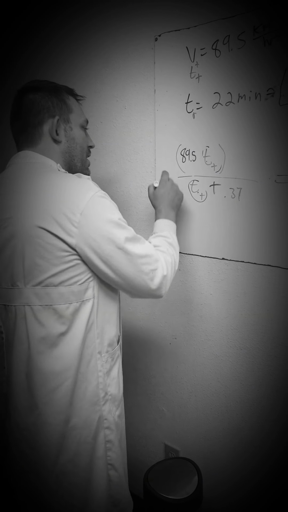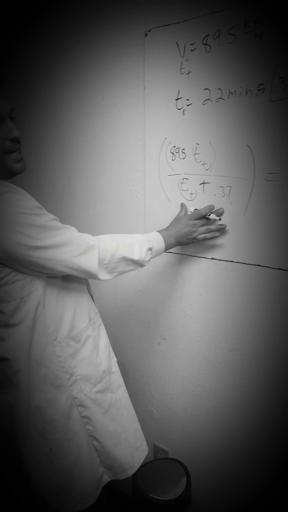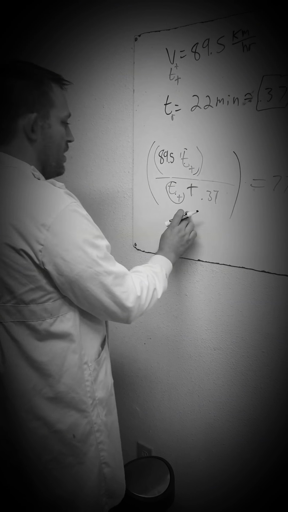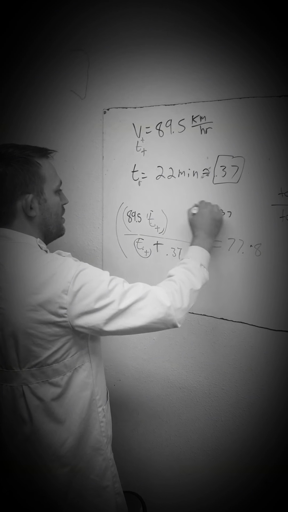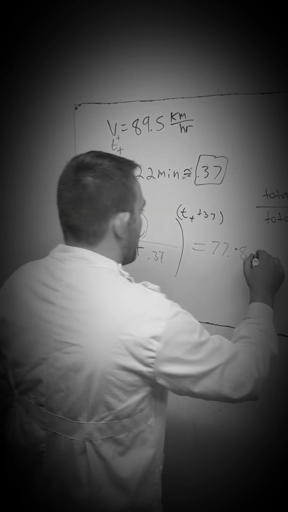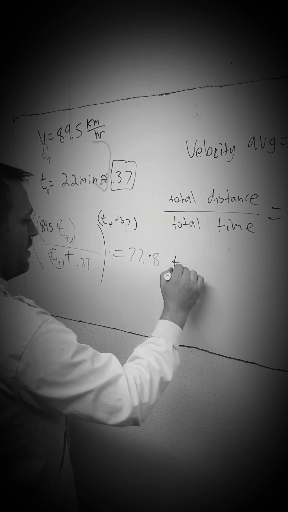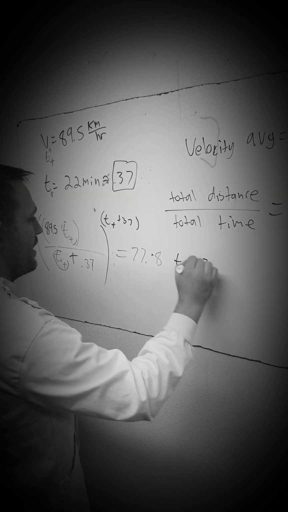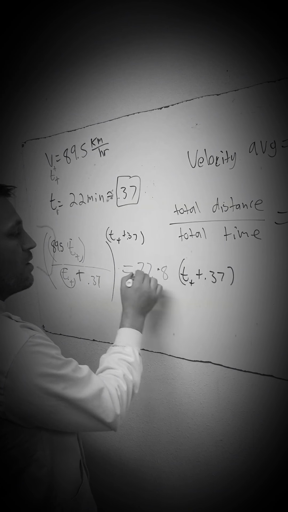So what we got to do instead is multiply both sides by everything that's down here to get this over here. So we know that if we do t of t plus 0.37 up here, and we'll do t of t plus 0.37 here, okay, I'll do that in parentheses, because remember this is being multiplied.